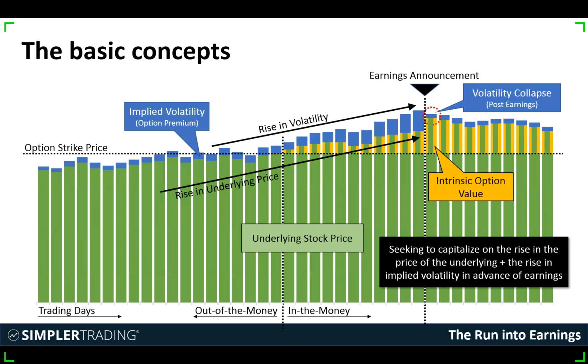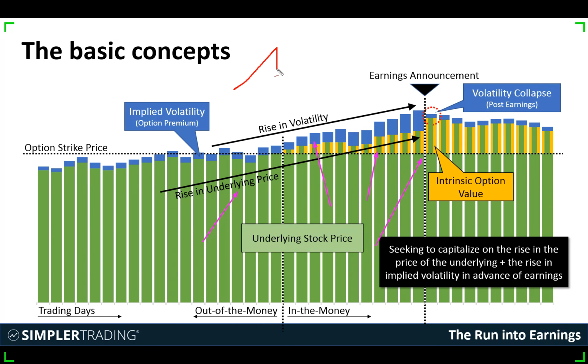The basic concept here is really we're just focusing on trading both price and implied volatility higher. Why? Because during the run into earnings, you have both price and implied volatility rising going into the actual earnings report. So of course, you need the stock to move directionally to have price rising.